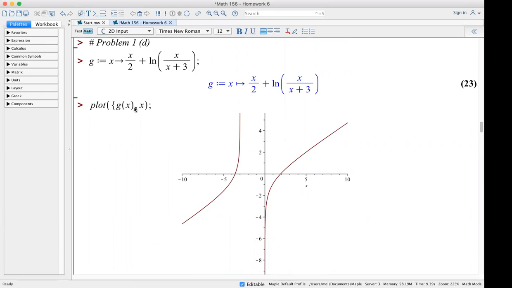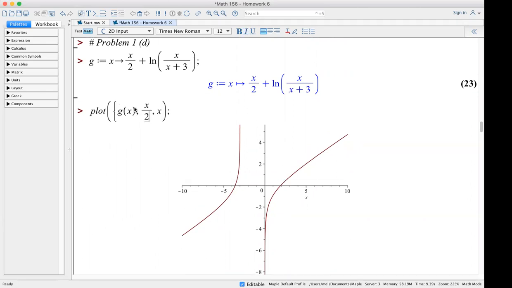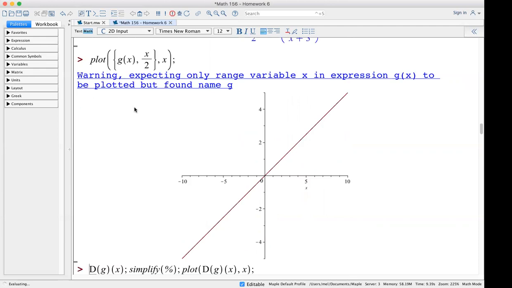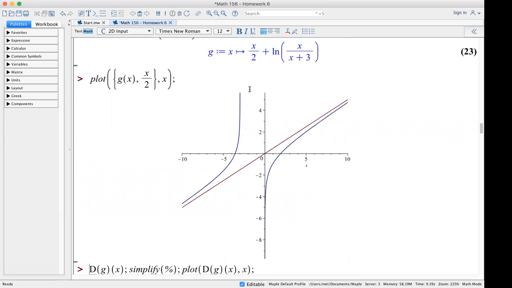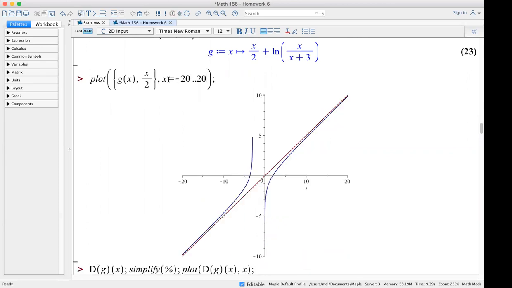And if I plot that along with the function, oops, why didn't it do this? There we are, yeah. So this red line is the line y equals x over 2. In fact, if I increase this range a little bit, maybe x going from minus 20 to 20.